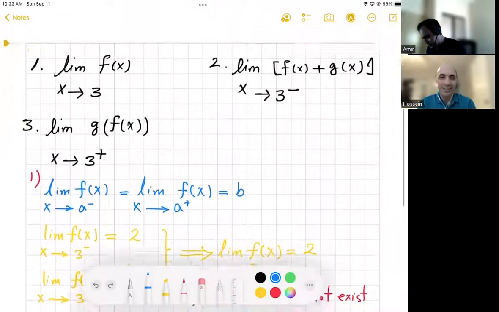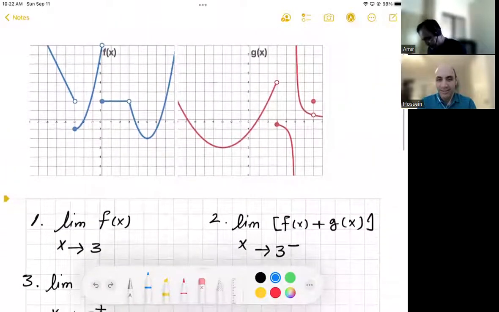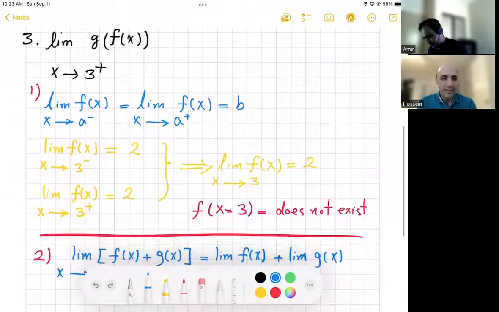Okay, let me look at the graph. The limit of f of x when it approaches 3 from the left side, you already got it from the previous part. Let me use this color.